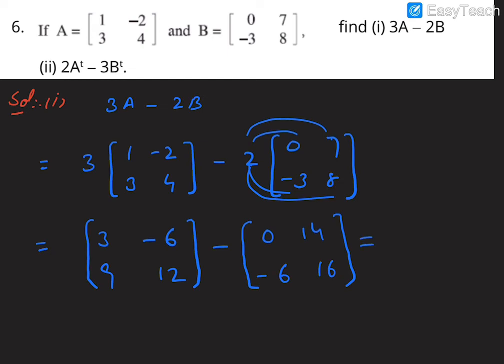So we will get finally 3 minus 0 is 3, minus 6 minus 14 is minus 20, 9 minus minus 6 will be 15, and 12 minus 16 will be negative 4. So this is your answer.